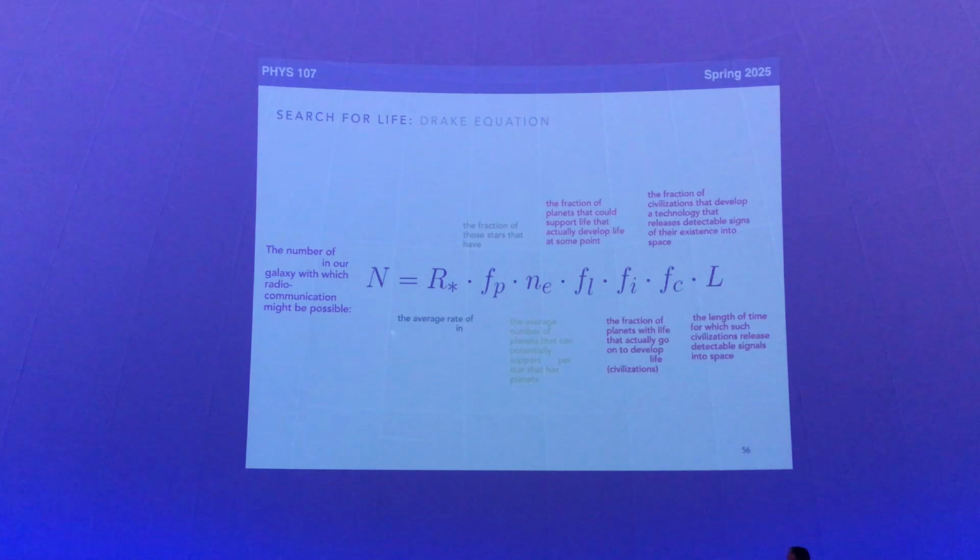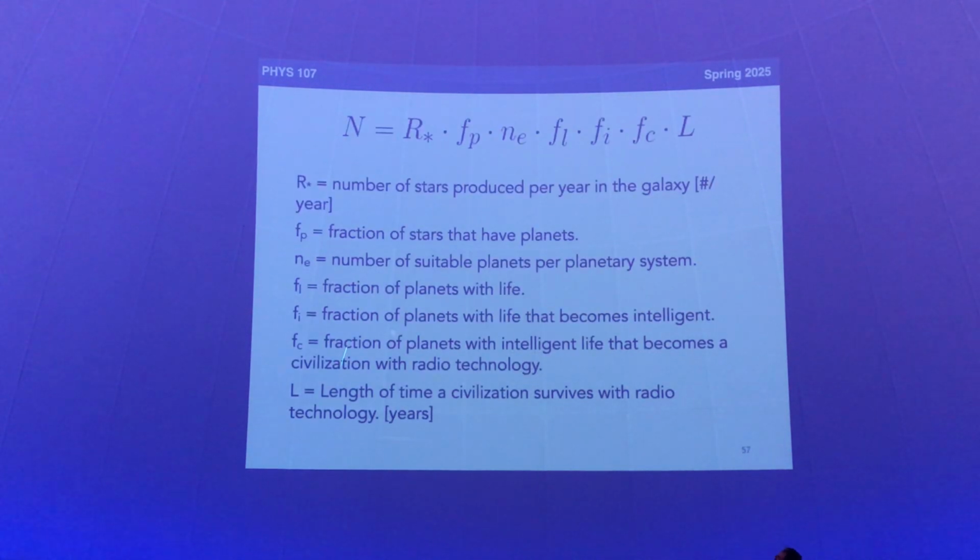So what I want you to take away from it, though, is that when this was proposed by Drake, not that Drake, astronomer Drake, all of these numbers were completely unknown. So you could fill in whatever you felt like in order to get the total number that you could talk to. So we have the number of stars produced per year, the fraction of stars that have planets, the number of planets per new system, the fraction of planets with life, the fraction with intelligence, civilization, and then the length of that civilization.